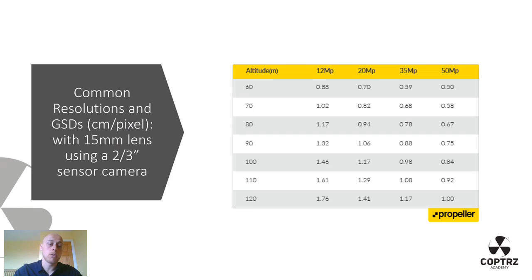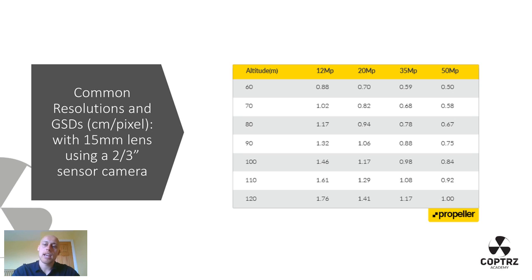Now, this is more on the surveying side, and I did speak with Jim Pick today, and we went over this a couple of times on previous webinars. Essentially, the higher megapixel camera you get, the better resolution you are going to achieve. That's just basics.